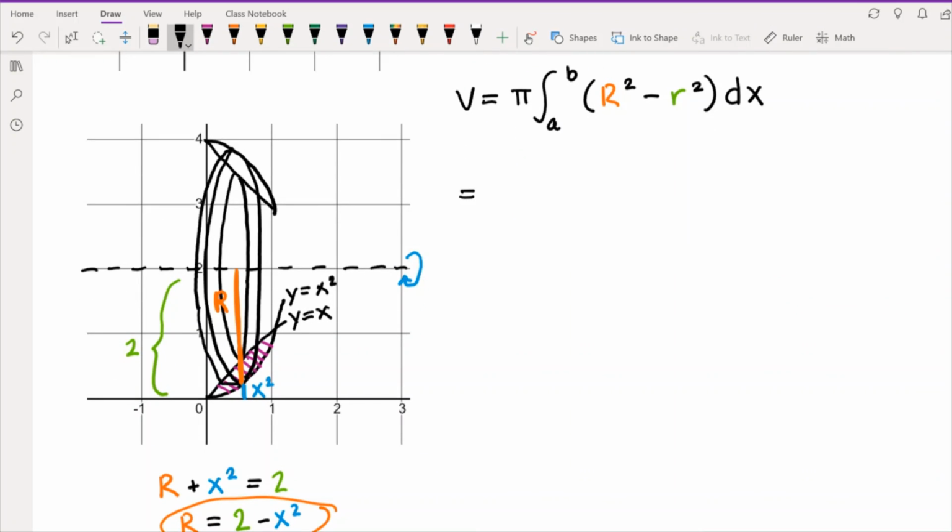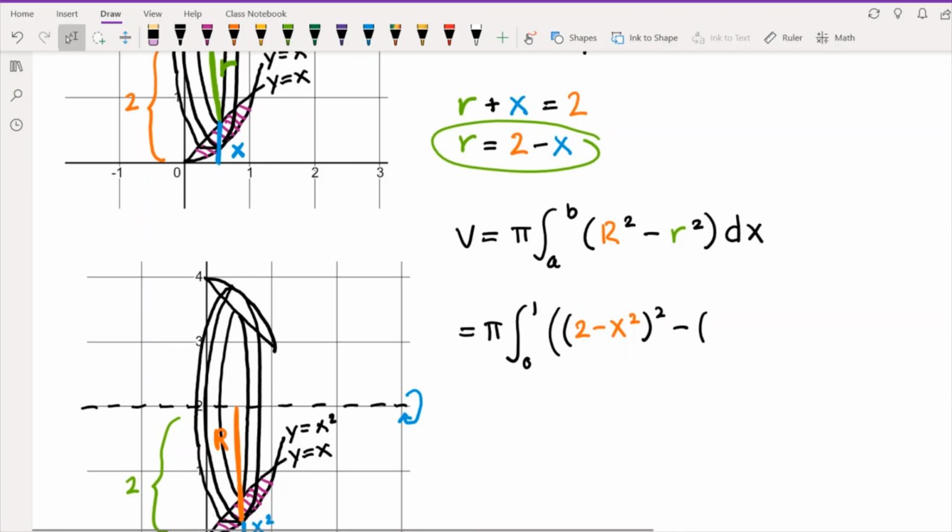The bounds should be, again, from 0 to 1, because we're looking at the smallest and biggest x values that are a part of this, and that's 0 and 1. So for big R, we had 2 minus x squared. So we're replacing that whole thing with 2 minus x squared. And then for little r, that one we found was just 2 minus x. So we're going to put that in for our little r.